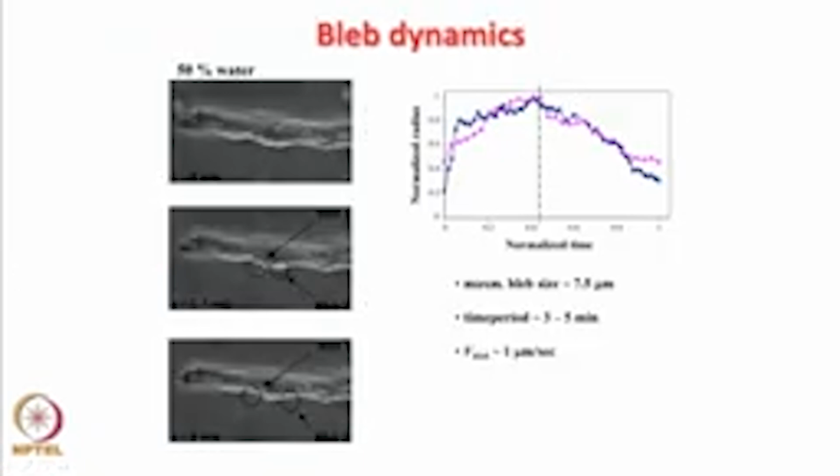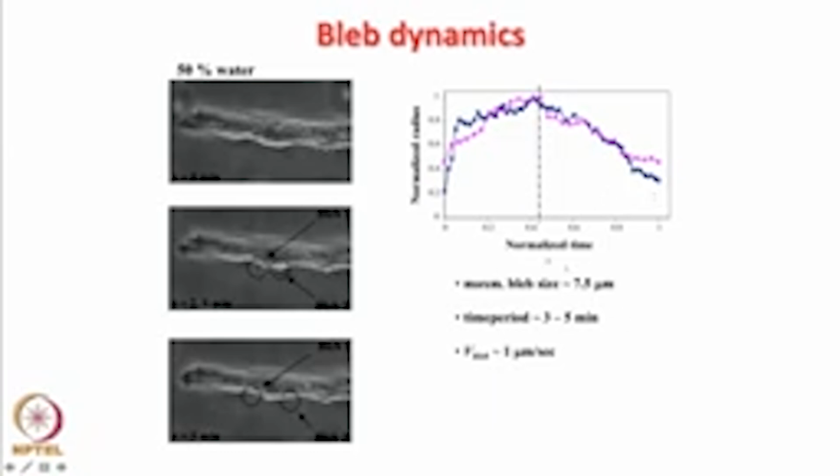Okay. So, for the case of 50% water, you can look at these individual structures or blebs. Each of these blebs can actually traverse on the surface and they have a characteristic time scale in which first they grow bigger and bigger and eventually they are again pulled back into the cell.